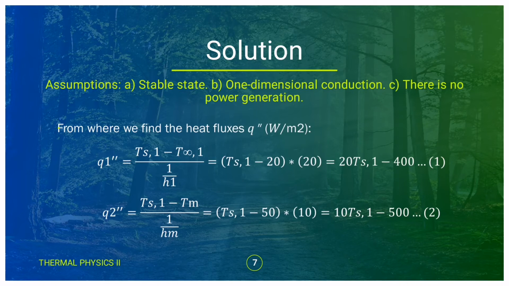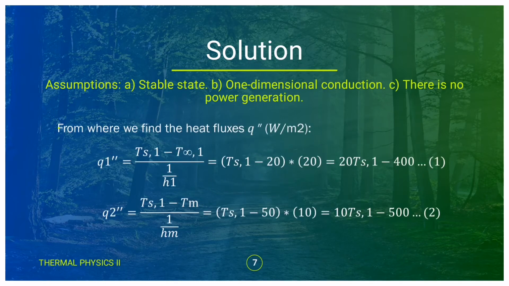From there we find the heat fluxes Q1 and Q2, and after replacing, we have that Q1 equals 20 Ts1 minus 400, and Q2 equals 10 Ts1 minus 500.